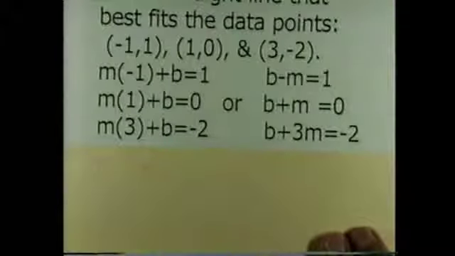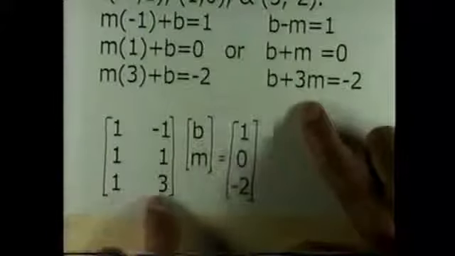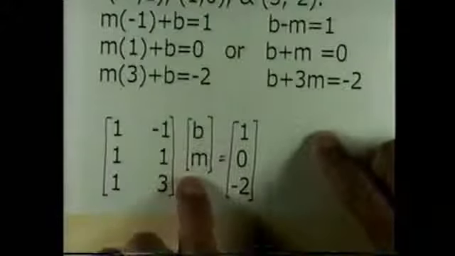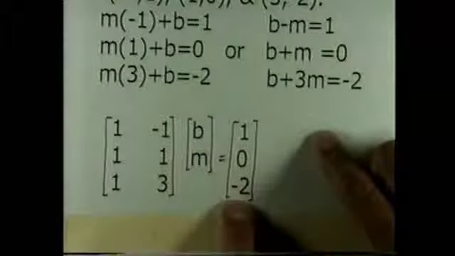So I have a system of 3 equations with 2 variables. I can write this in matrix form as 1, -1, 1, 1, 1, 3, the coefficient matrix A, times the variable vector, is equal to the constants, 1, 0, -2.